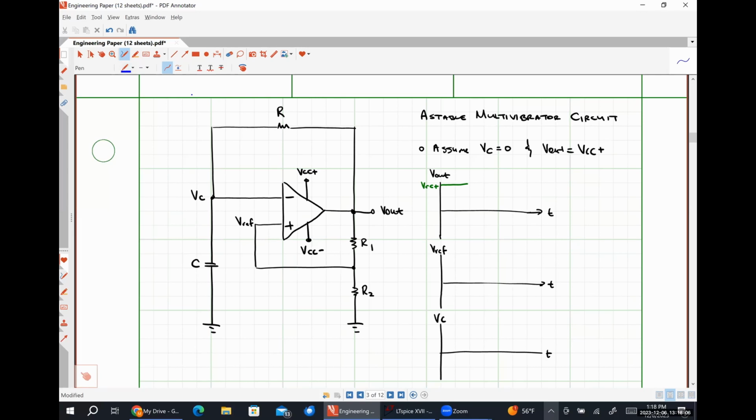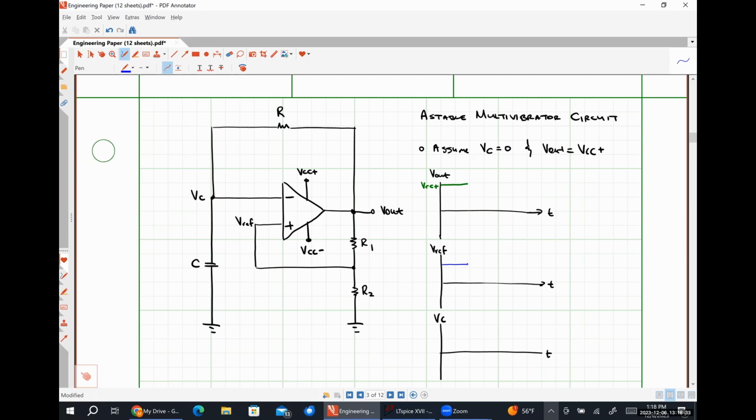And subsequently, our reference voltage is also going to be some positive value, right? I didn't mention that a moment ago, but it should be pretty obvious to figure out. We already talked about how this is a voltage divider circuit. So V reference is going to be a scaled version of V out. So if V out is positive, V reference will be positive as well.